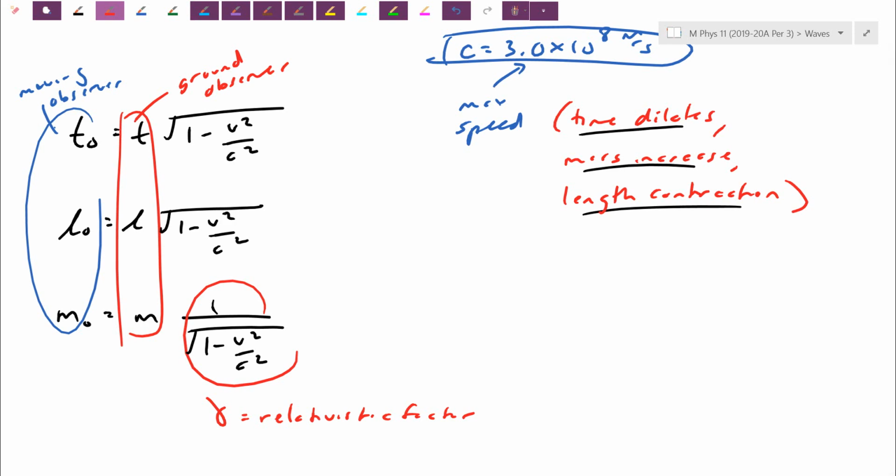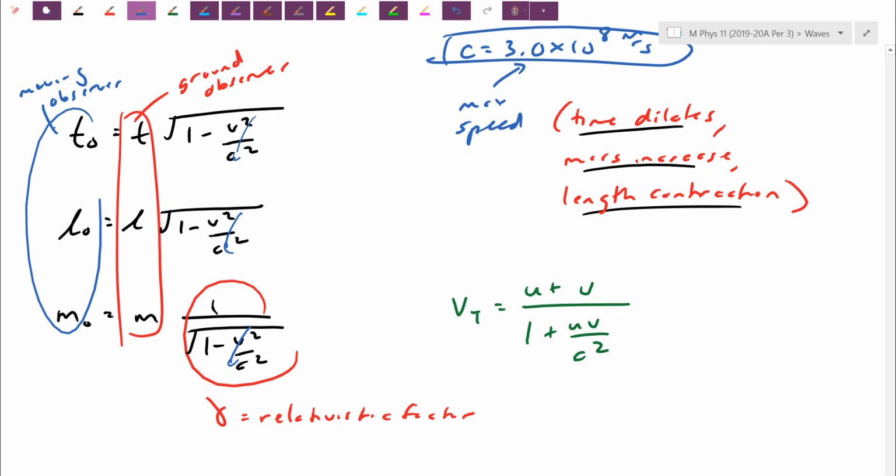mass increasing, length contracting. We also saw that because the speed of light has to be constant, we had the relativistic addition of velocities as well. The v total is equal to u plus v over 1 plus uv over c squared. What all these formulas basically say is when v is tiny, this term basically drops out, while time is basically the same for both people. Length is the same, mass is the same. Or even this one here.